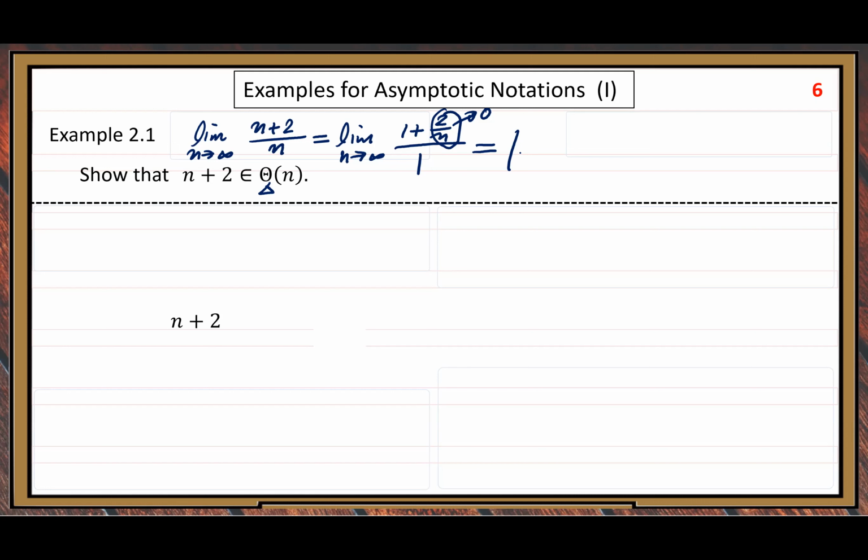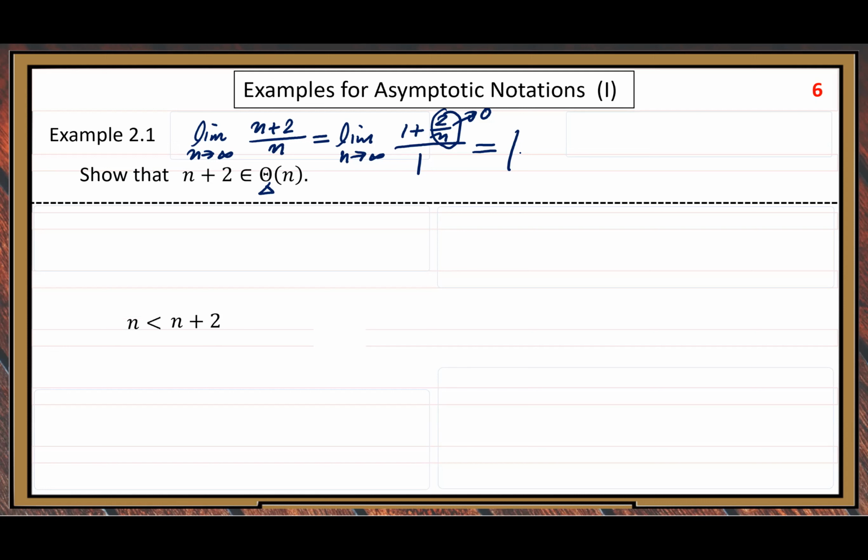Which constant multiple of n can we use as the lower bound, less than or equal to n plus 2? As simple as possible. 1, yes, good.